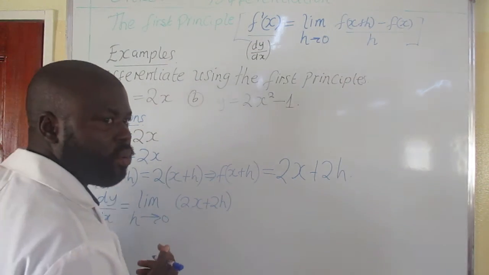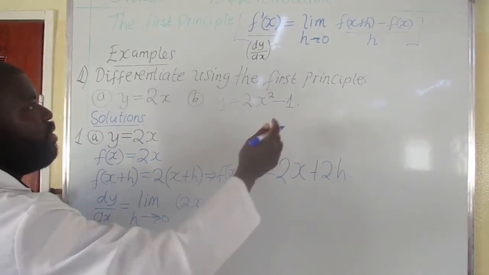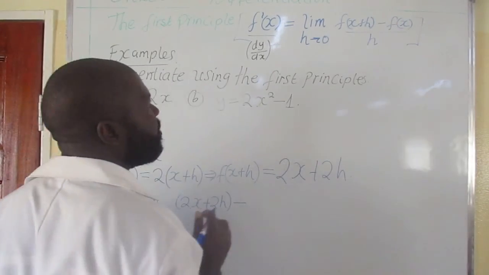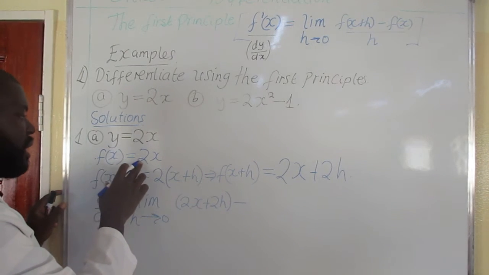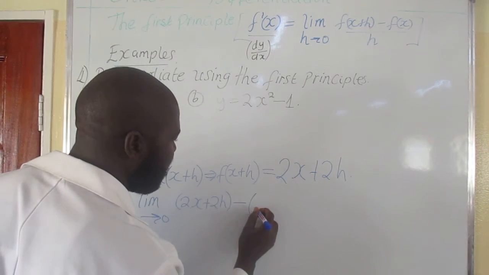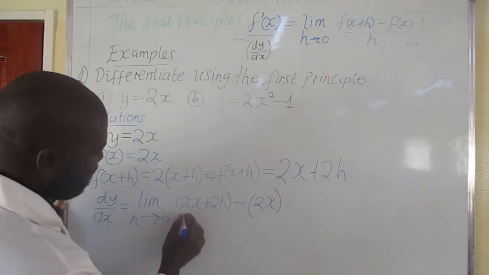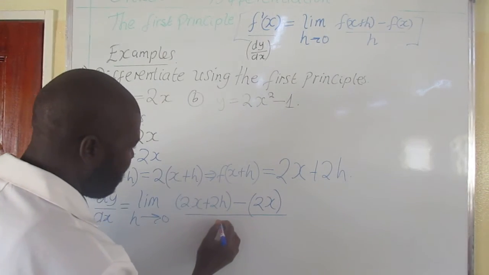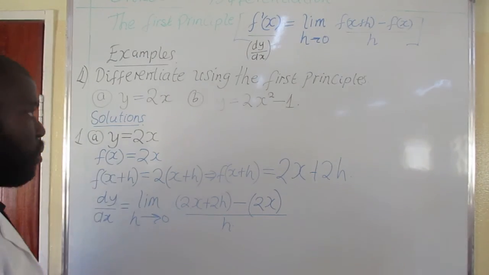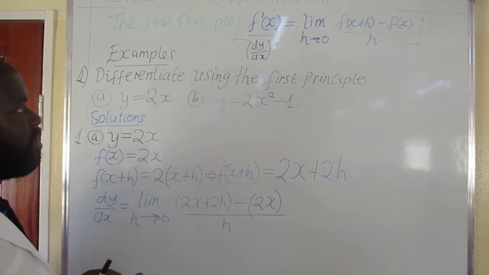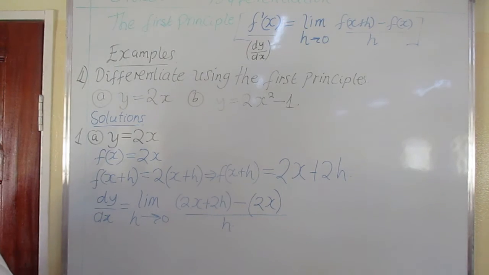Whatever you substitute, you put in brackets. Minus, you can see here we have f of x. So in place of f of x, our f of x is actually 2x. So again, whatever we substitute, we put in brackets. Everything all over h. So we have substituted for f of x plus h and f of x.